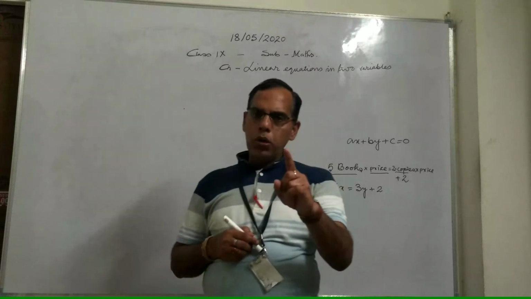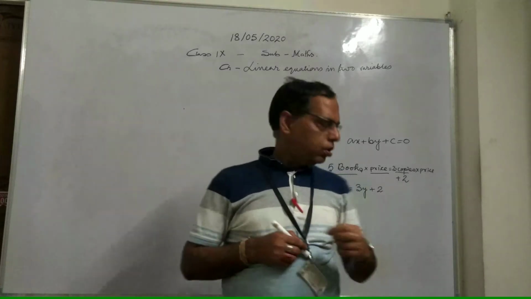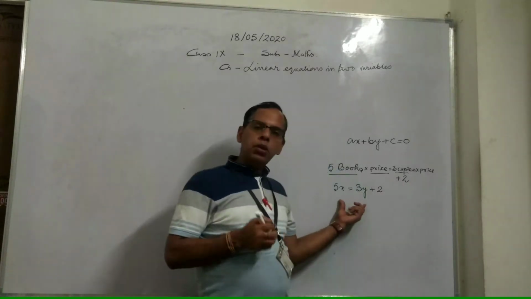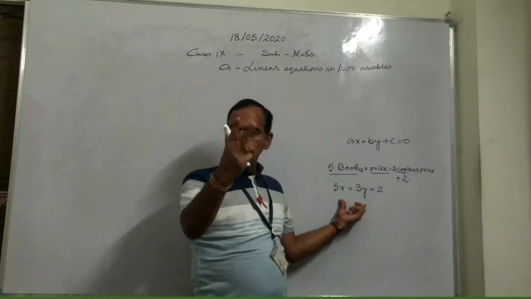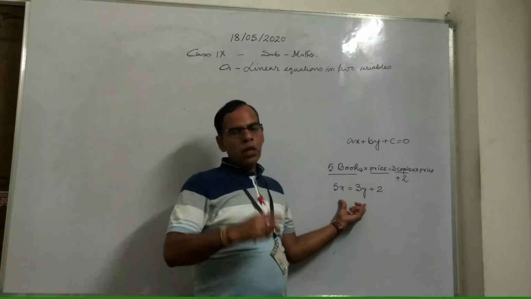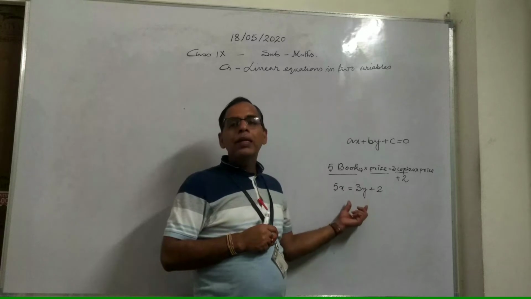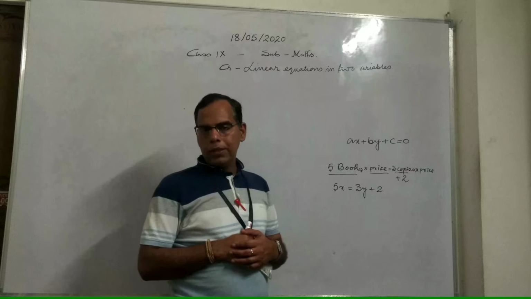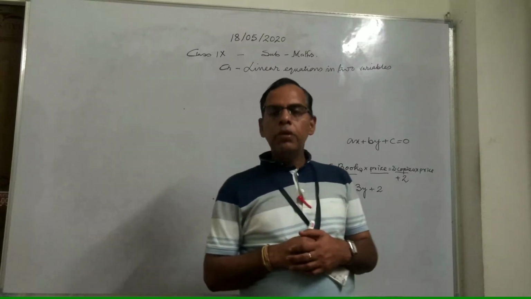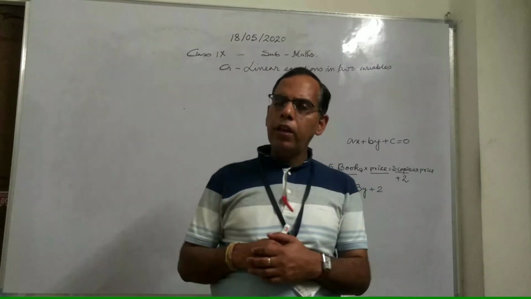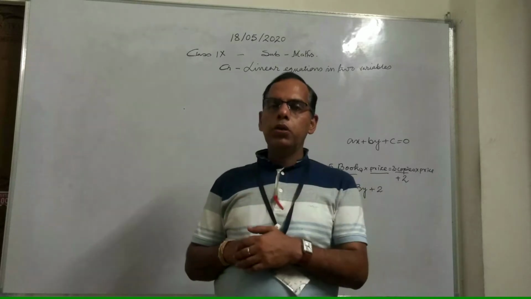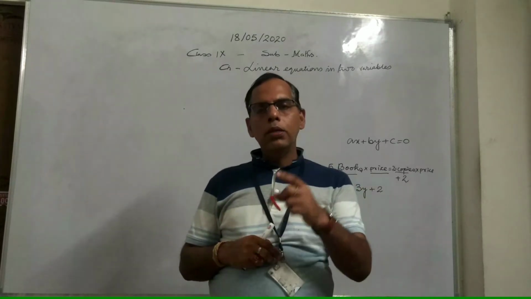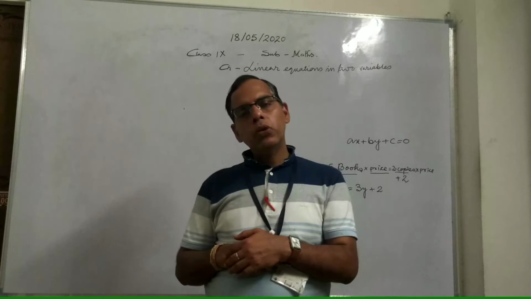But one equation, 2 variables, like this one, then we will get an infinite number of solutions. That means the standard linear equation in 2 variables, if only one equation, will always give an infinite number of solutions.